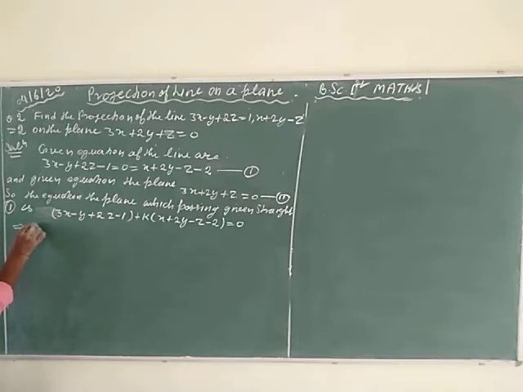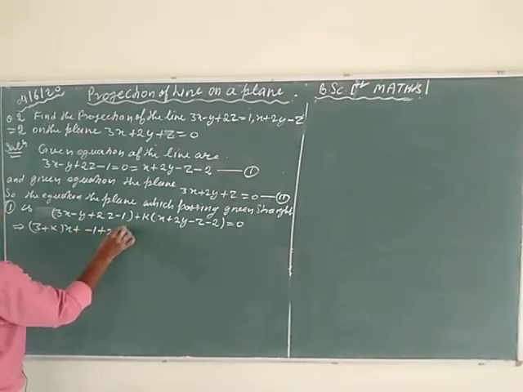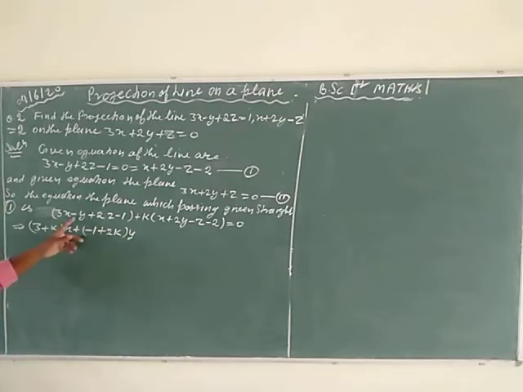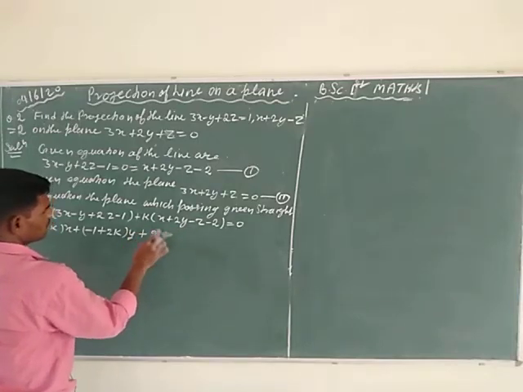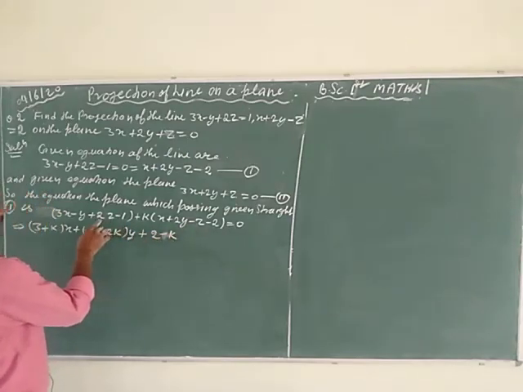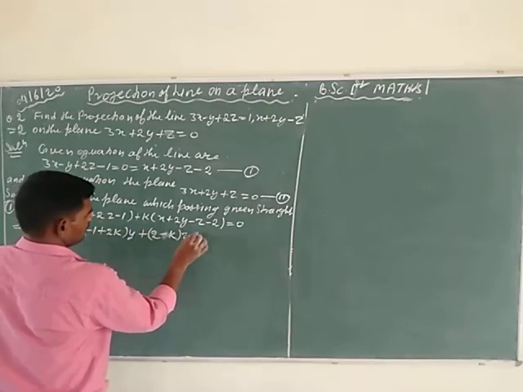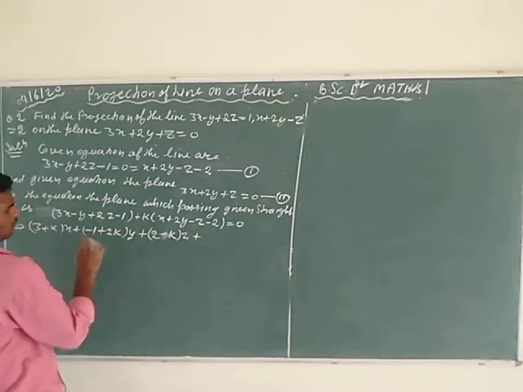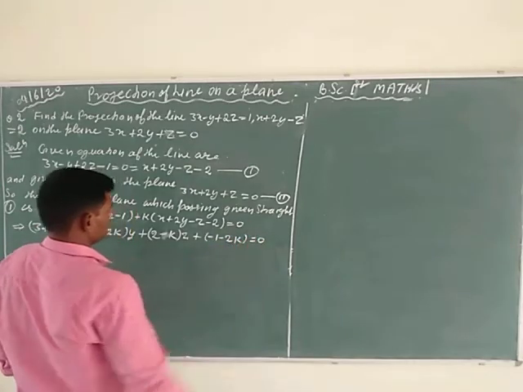After simplification, we get 3 plus k times x, plus minus 1 plus 2k times y, plus 2 minus k times z, plus minus 1 minus 2k is equal to 0.